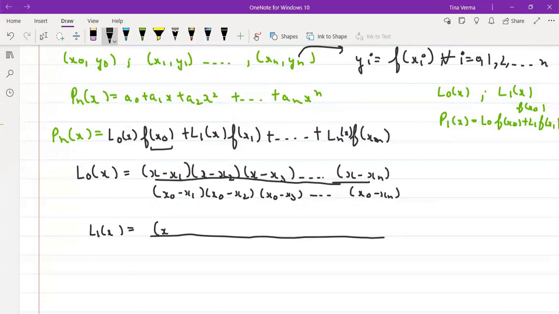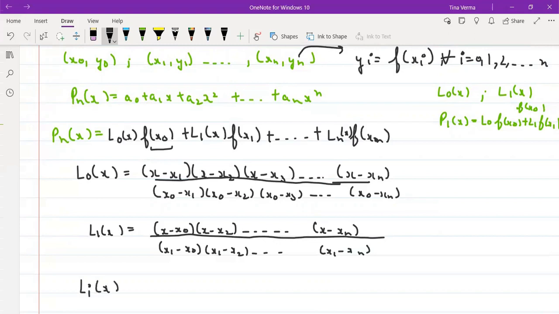X minus x naught. Yes, you will leave the term over here, x1. So you will have x minus x2 and all the terms up to x minus xn. डिनोमिनेटर x1 minus x0, x1 minus x2 and up to so on x1 minus xn. ith अगर लिखना चाहोगे LIX क्या होगा?